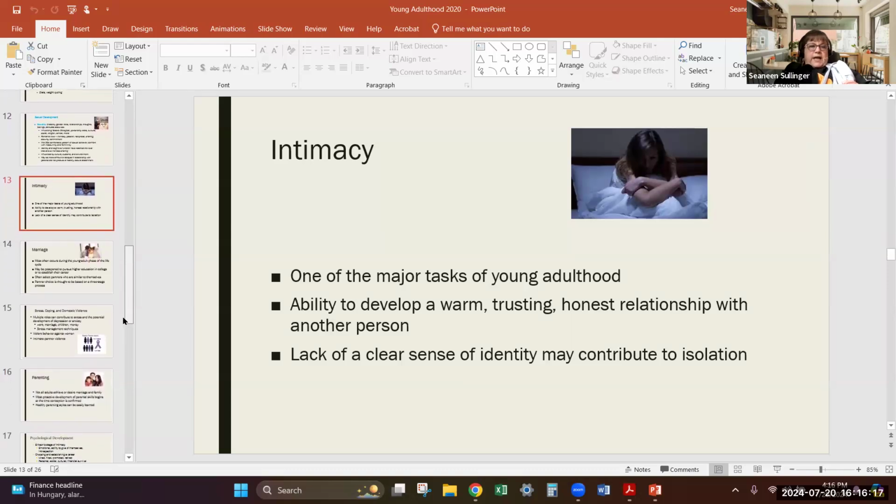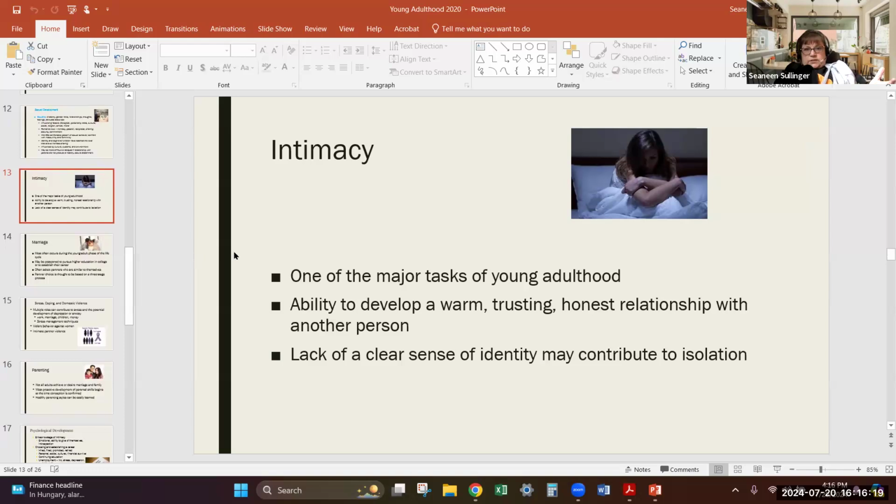One of the major tasks, intimacy versus isolation, intimacy, and to be able to develop a warm, trusting, honest relationship with another person. If one of the people does not have a clear sense of identity, then that could be isolating for one or both of those people.